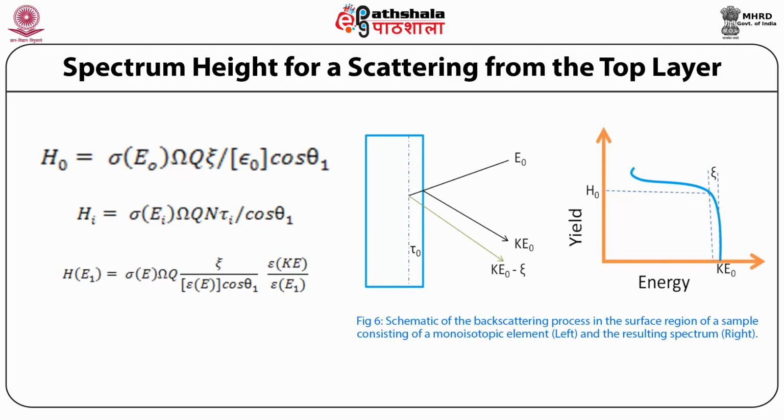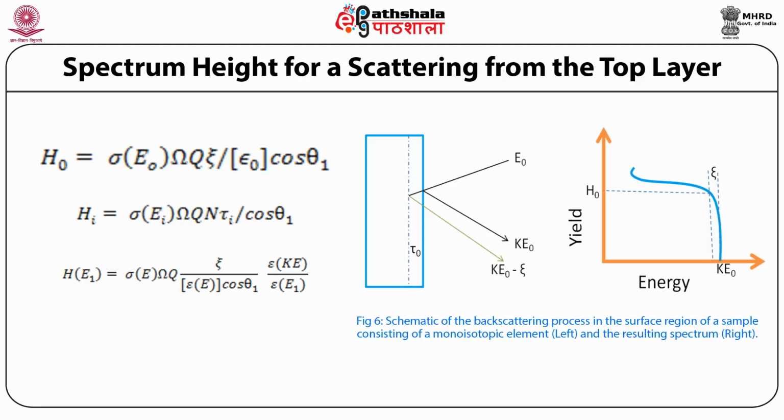Figure 6 gives a schematic diagram of the backscattering processes from the top surface of the sample and the spectrum resulting from it. The notation we have taken for the near surface region is H0 and tau 0 instead of Hi and tau I for regions within the sample.